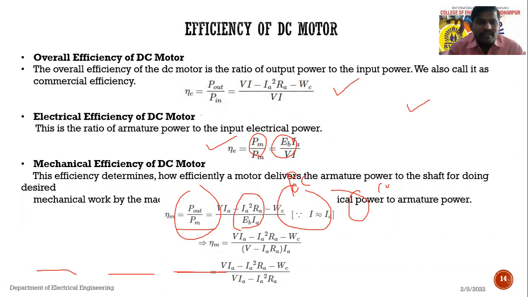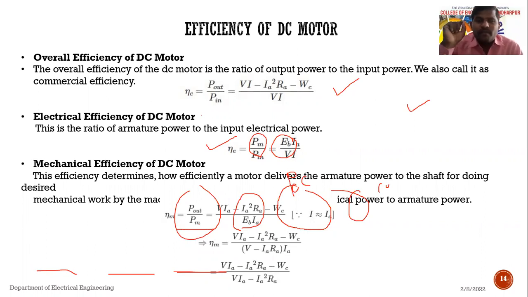The first is the overall efficiency, which we have calculated in the case of the DC generator also. The second is the electrical efficiency, and the third is the mechanical efficiency. Electrical efficiency, mechanical efficiency, and the overall efficiency of the DC motor.